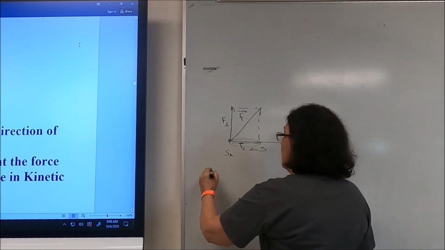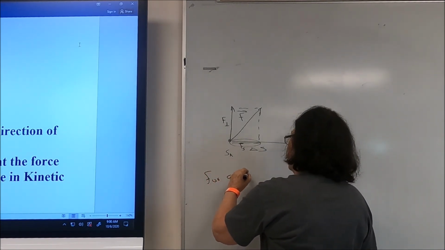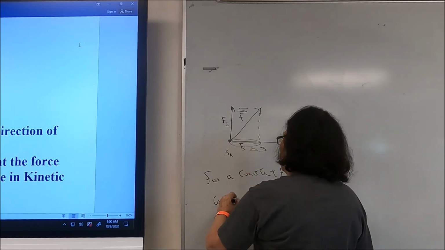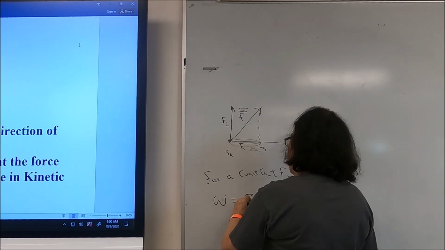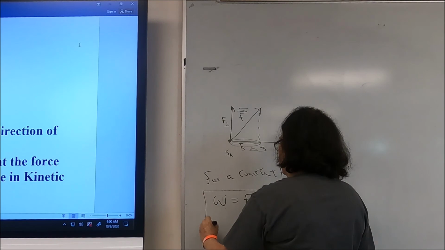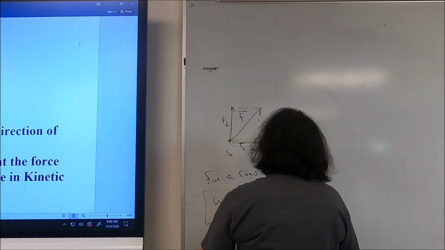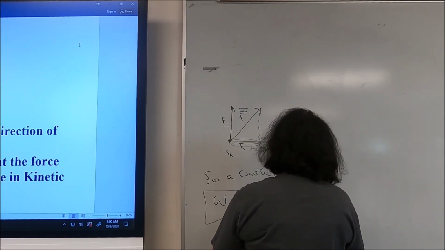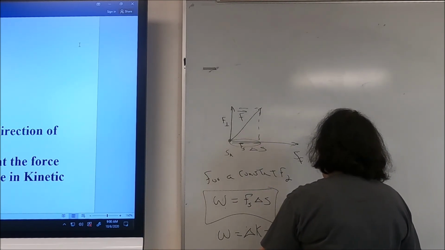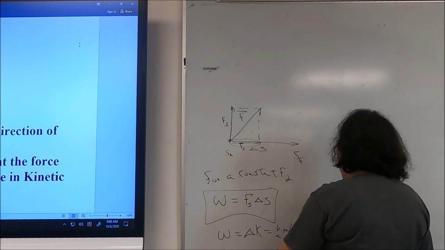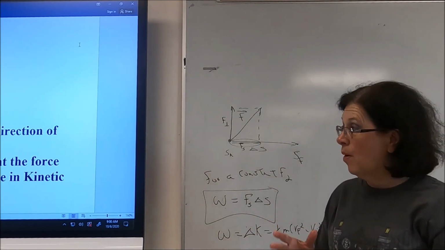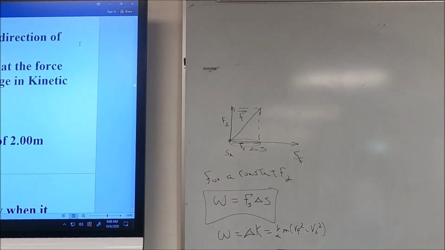Okay? So for a constant force, work is equal to F sub S delta S. And work equals change in kinetic energy, which is 1/2 m times V final squared minus V initial squared. Okay, so both of those things are related.